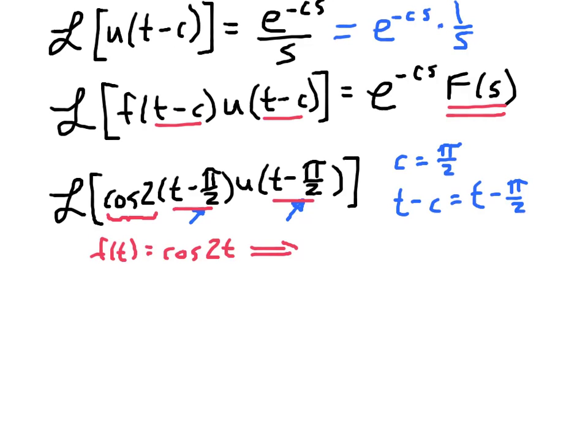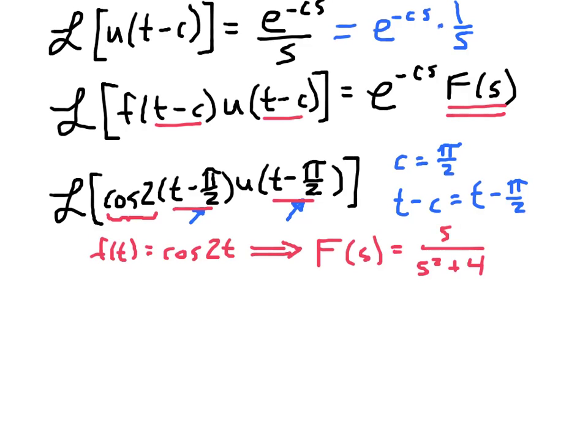So the Laplace transform in this case is the Laplace transform of cosine 2t, which is s over s squared plus 2 squared, or plus 4. So there's our capital F of s.